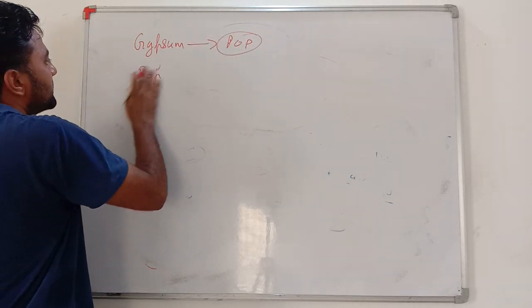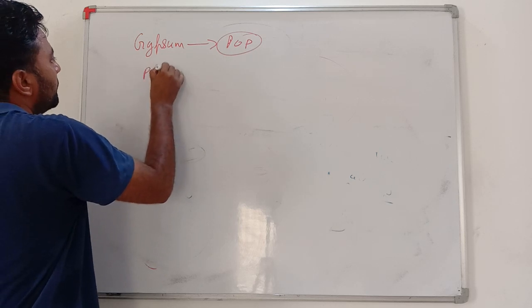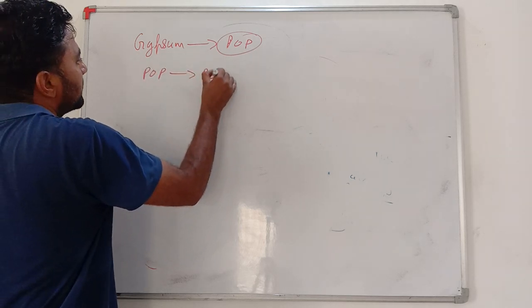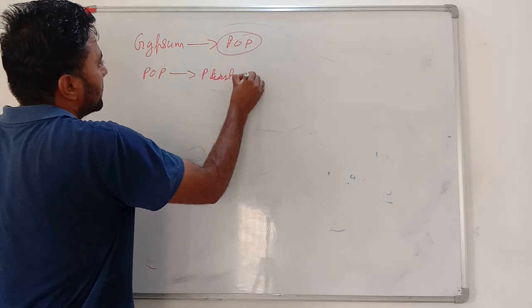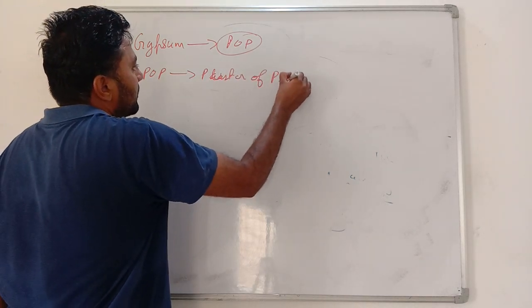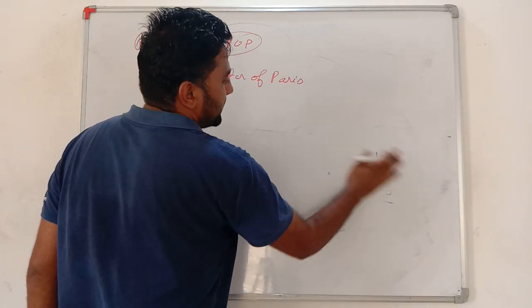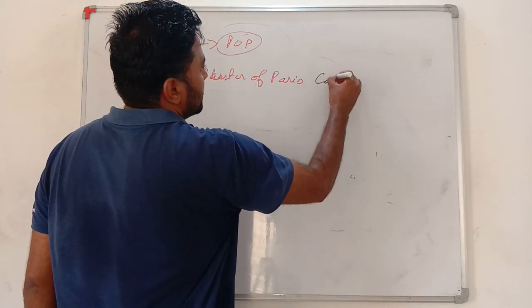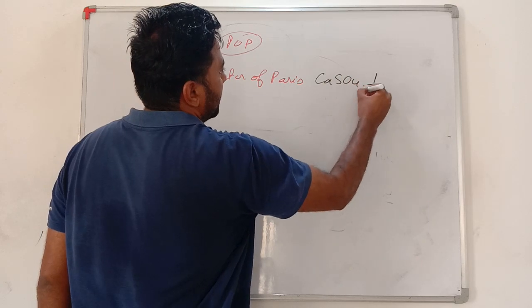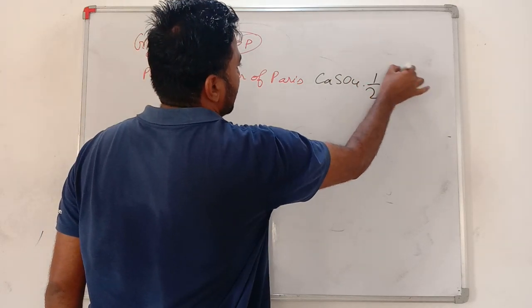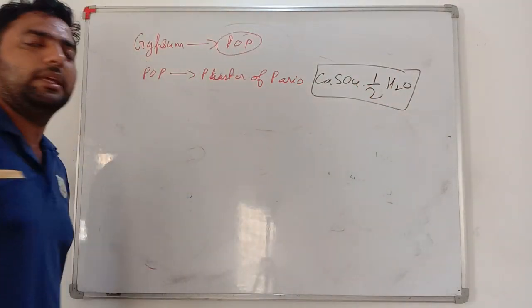Our main concept is POP, that is plaster of Paris. See my dear student, the formula of plaster of Paris is CaSO4 dot half H2O. Don't worry, we will see the concept behind the half H2O.